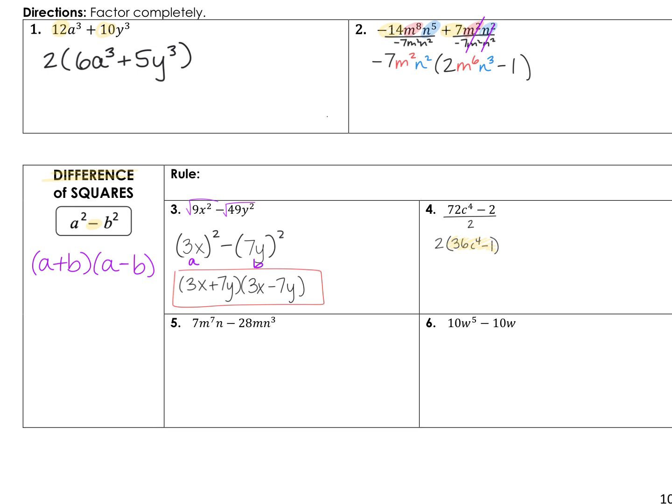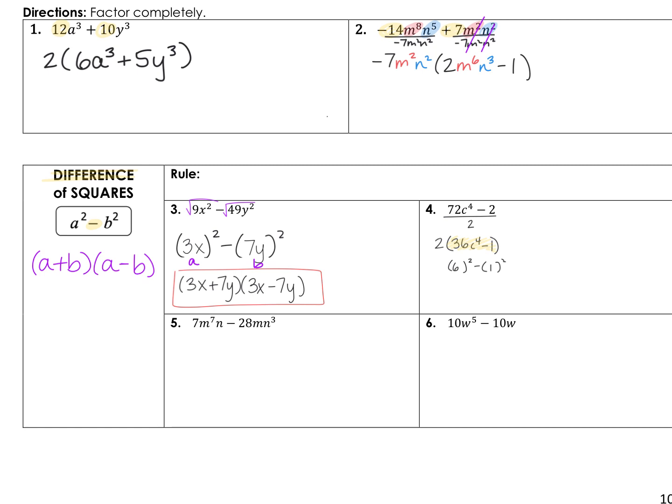Okay, this one's a little bit trickier. Higher exponents, because we're dealing with polynomials, not just quadratics. We want to figure out what squared minus what squared. Well, the 1 is easy, it's just 1 squared. Square root of 36 is 6. You have to cut the exponent in half, though. It would actually be c to the 2nd.